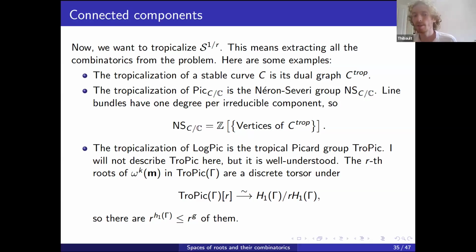This is because, imagine my tropical root is 0. If you want to find a log root above 0, it exactly means finding a root in the Picard group.